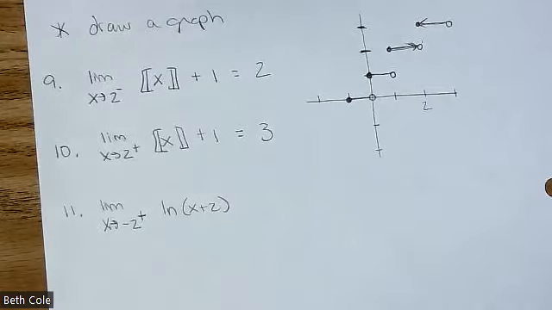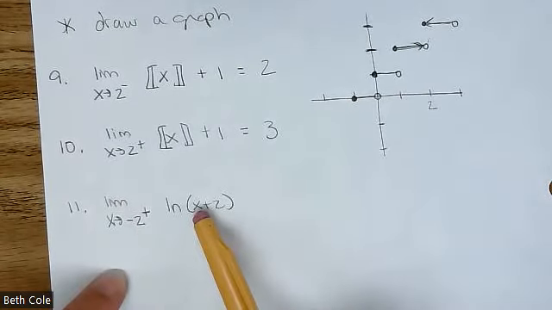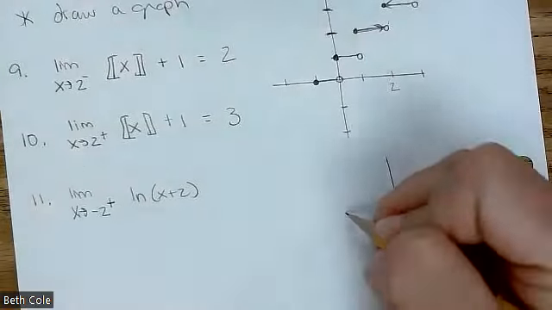Now to recap, listen. ln of 1 is 0. We did that on the other side of the paper. Remember that? ln of 1 is 0. But if you try to plug in -2, you get ln of 0, which is not a thing. And the reason why is there's an asymptote.